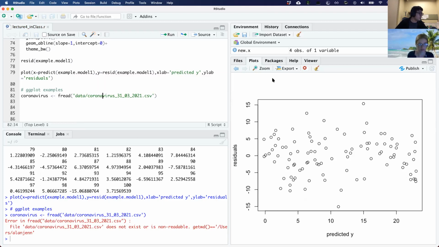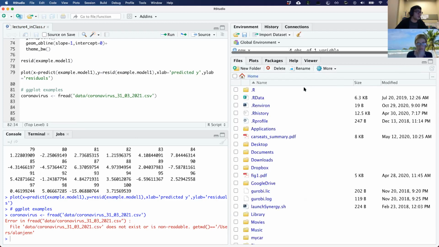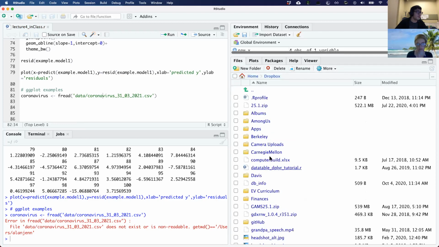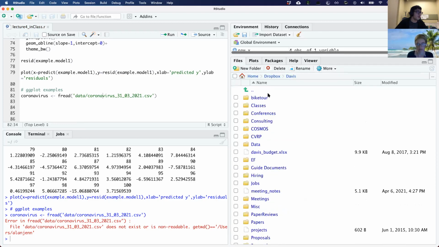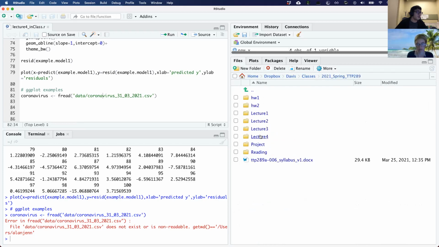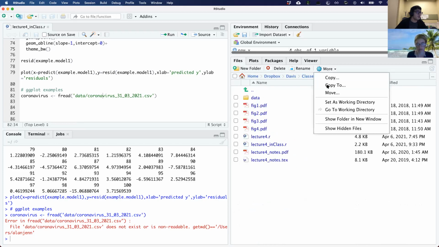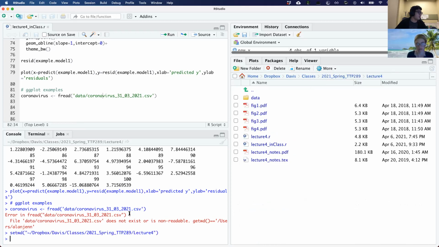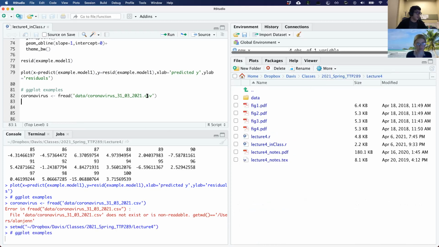Okay, it is because I am not in the right directory again. So let's quickly change that. So Dropbox. All right, let's try that again.